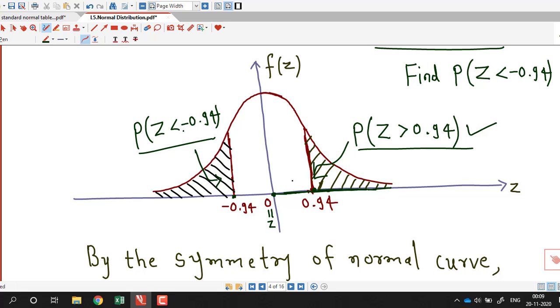Okay, we have made the remark that the area to the left of z equal to 0 and the area to the right of z equal to 0 are equal, and their equal value is 0.5. So here the area to the right of z equal to 0 is 0.5, meaning this total area is 0.5, but we are interested in this area to the right of 0.94.